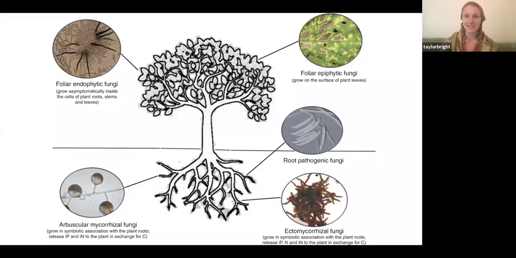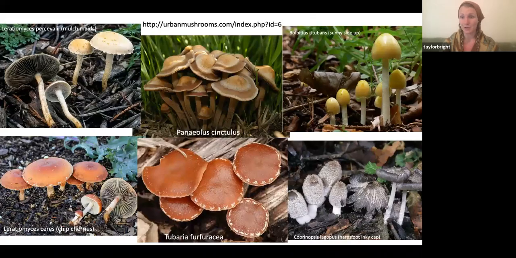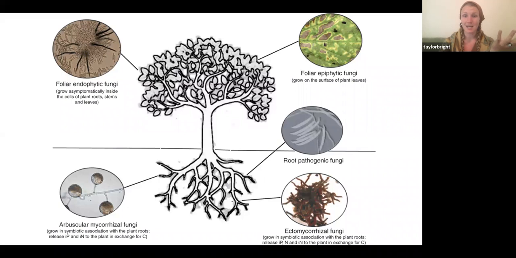This is a slide just to say, we're talking about mushrooms, but when you look at a plant, a lot of people think that mushrooms are just associated with the roots or just in the soil. It's now found that fungi are everywhere. They are all over the plant.